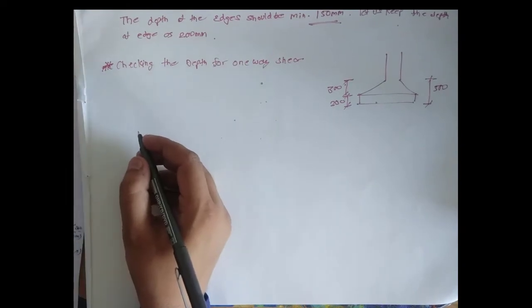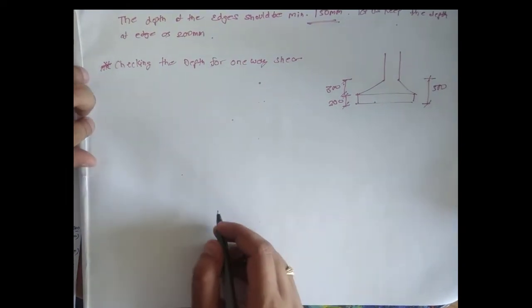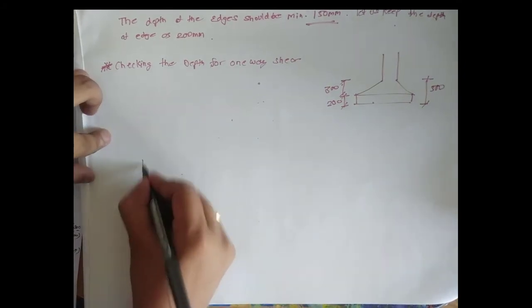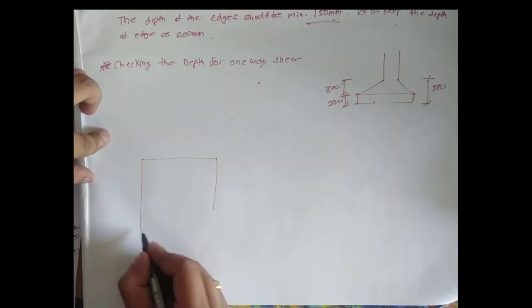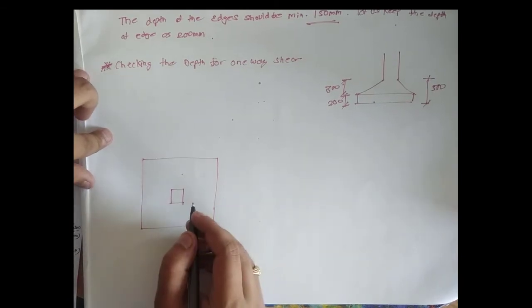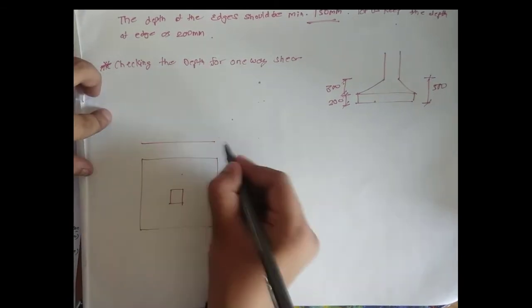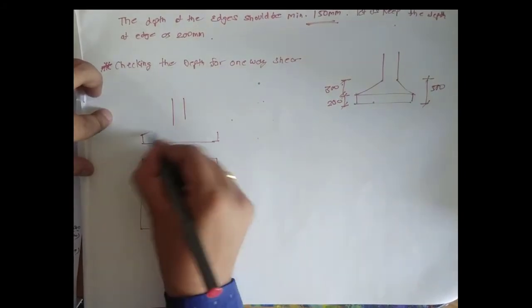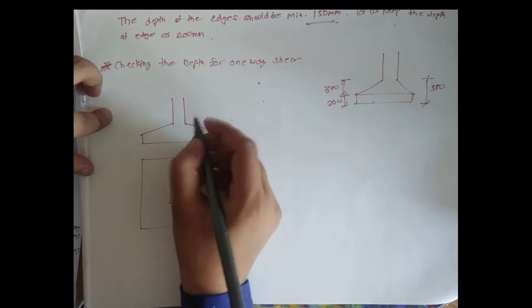I will draw the diagram here, in order to understand this. This is the column, these are the edges.